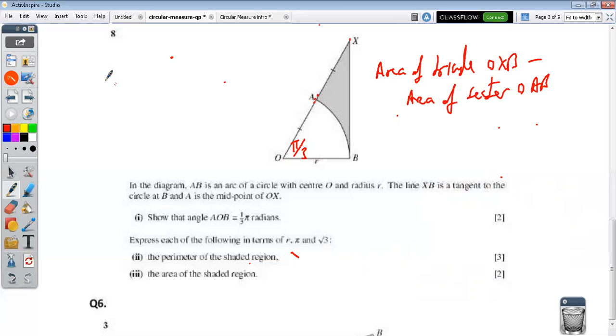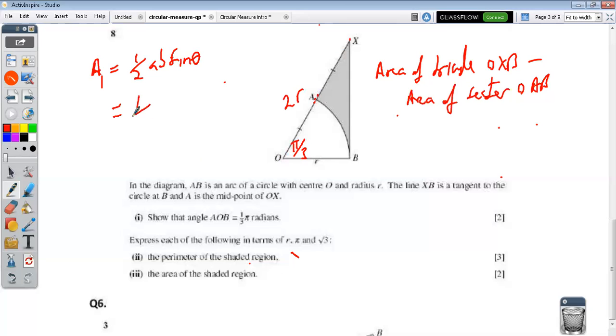So area of this triangle. We know that area of a triangle, I'll call it A1, is given by half AB sine theta, follow from O level. If you've got 2 sides and an angle between them, so we know that this is 2r and this is r, so we can apply that.